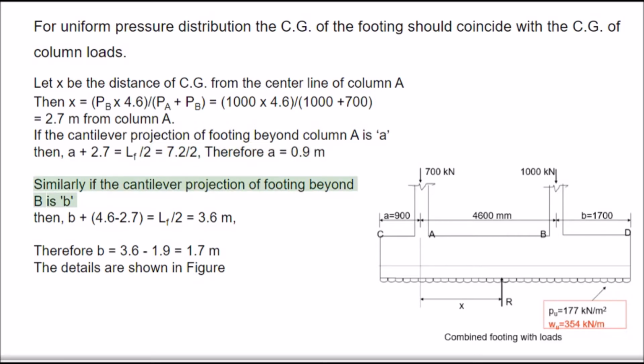Similarly, if the cantilever projection of footing beyond B is b, then b plus (4.6 minus 2.7) equals LF/2 equals 3.6 m. Therefore b equals 3.6 minus 1.9 equals 1.7 m. The details are shown in figure.